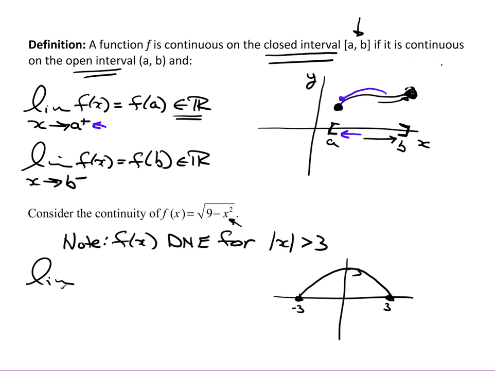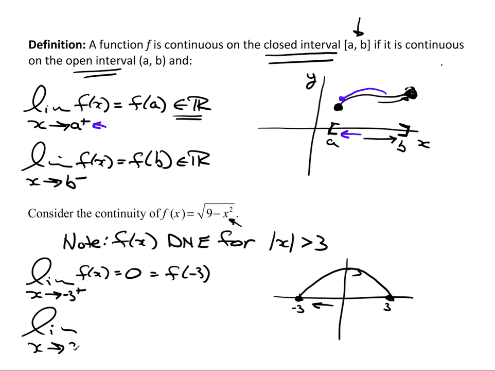So I want to take a look now at the limit as x approaches negative 3 from the right of f of x, and that limit is in fact 0, which is equal to f of negative 3, so I'm good there. Now to look at the other side, I want the limit as x approaches 3 from the left of f of x. That's also equal to 0, which is also equal to f of 3.